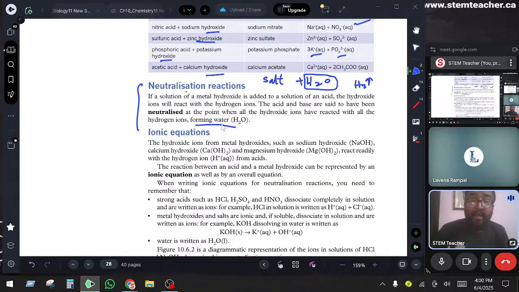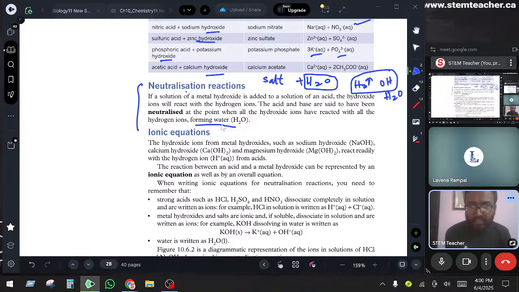Next, the ionic equation, all the same thing. The hydroxide ions from metal hydroxides such as sodium hydroxide, calcium hydroxide and magnesium hydroxide react readily with hydrogen ions from acids.